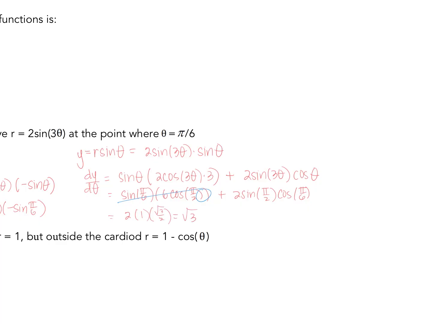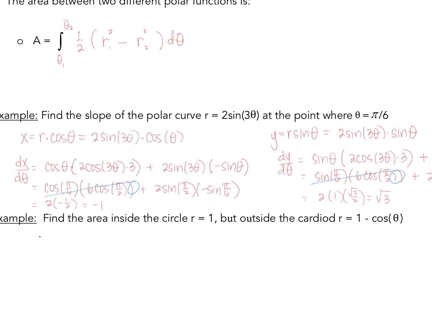All right, so I have dx d theta and I have dy d theta, but I haven't yet answered the question. And the question is to find the slope. So I'll need to take a combination of those two things to figure out what dy dx is.